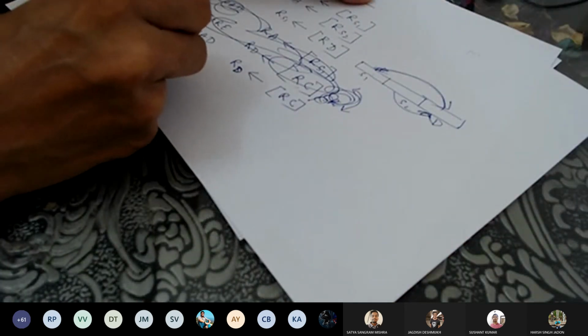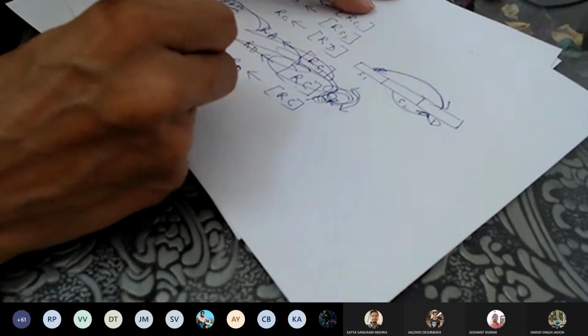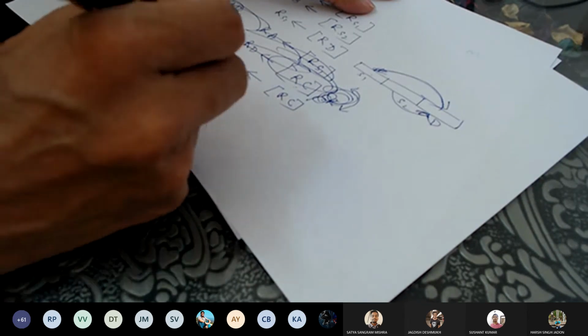Store will be... Page 56 we haven't done. RA.